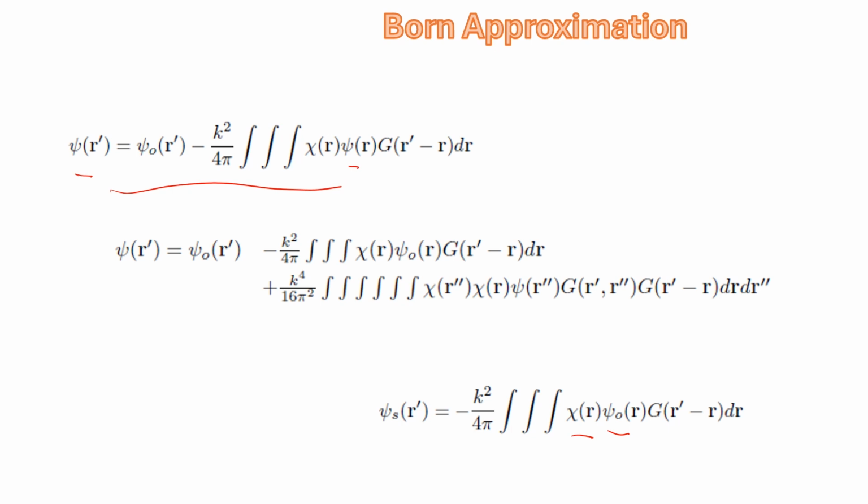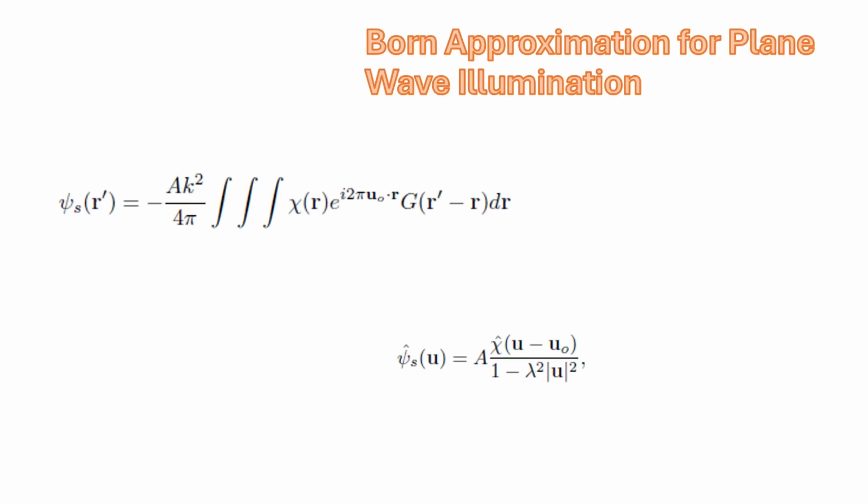So now the question is, how do we invert this to find the wave field? We can look at the Fourier transform of this three-dimensional scattered field and find that it has this form, so that the Fourier transform of the scattered field is linearly proportional to a shifted version of the three-dimensional Fourier transform of the susceptibility with this pole due to the Green's function.